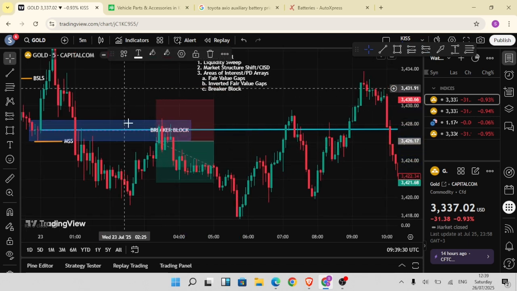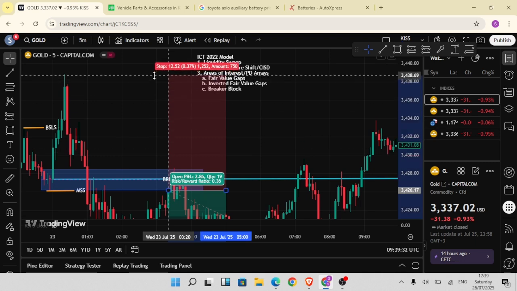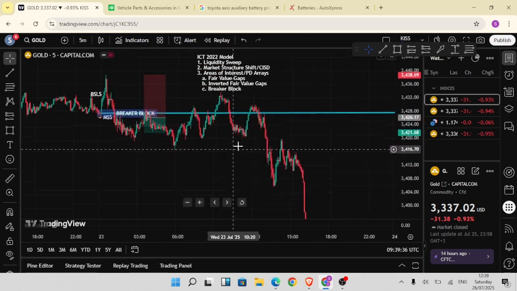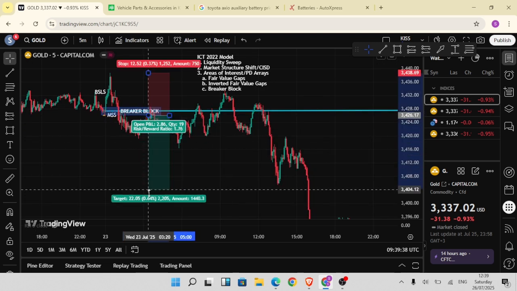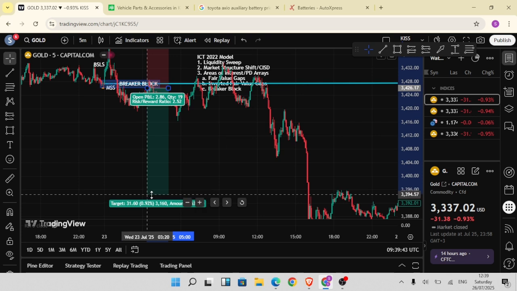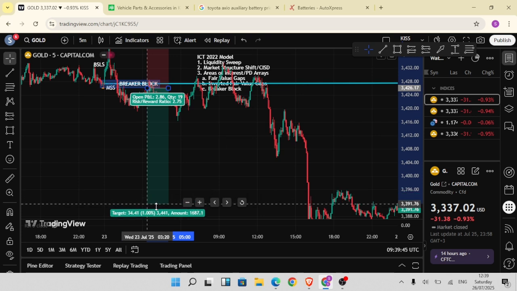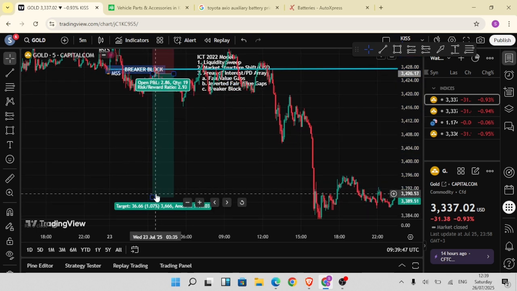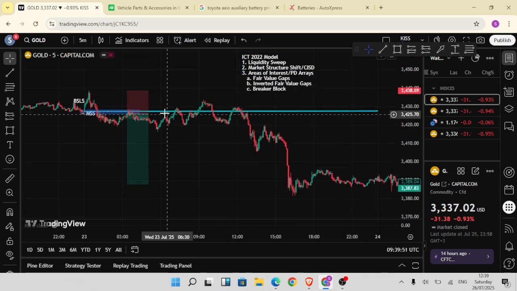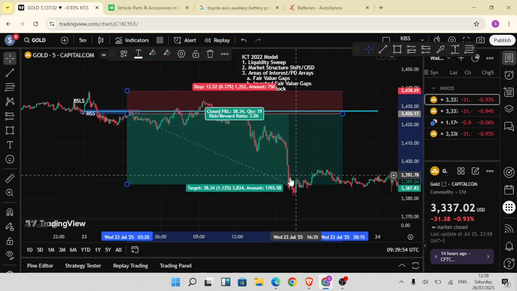Price tags into this breaker, stop loss there, and risk reward ratio of 1 to 3. You can see this was hit.